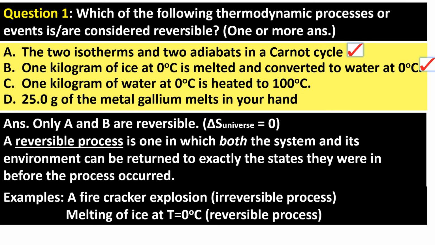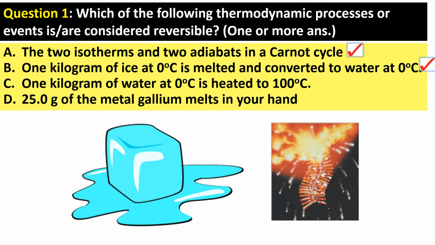For more examples of the two processes, a firecracker that explodes is an example of an irreversible process, while, as mentioned already, melting of ice at its freezing or melting temperature is an example of a reversible process.